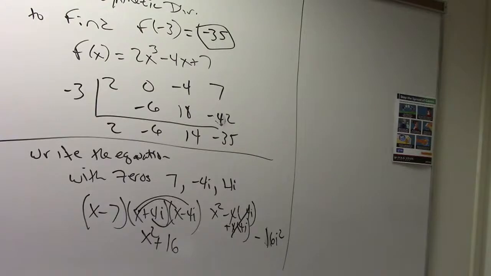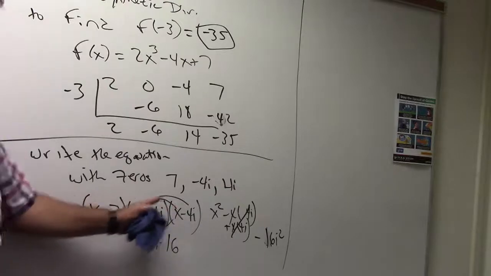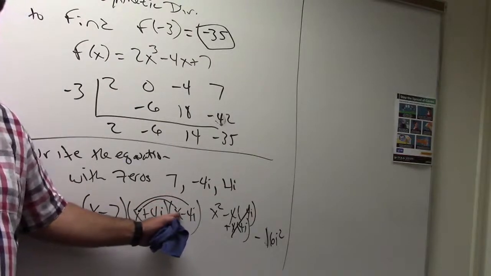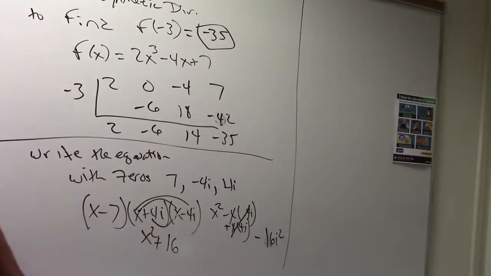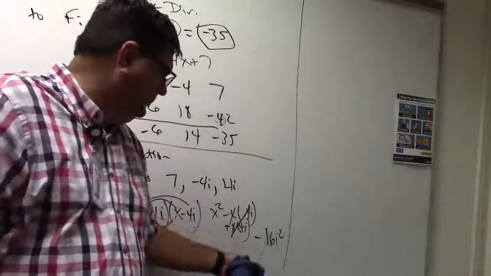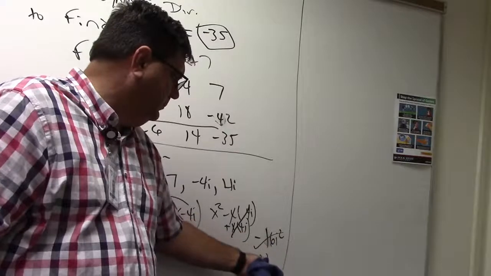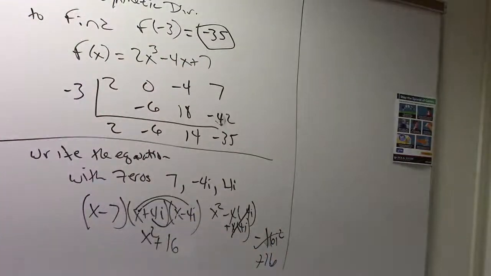If you distribute this piece, x squared minus 4ix plus 4ix cancel, minus 16i squared. What's i squared equal to? Negative 1, right? So then that becomes positive 16. Yeah? I didn't get the 16 part, but I got everything else.